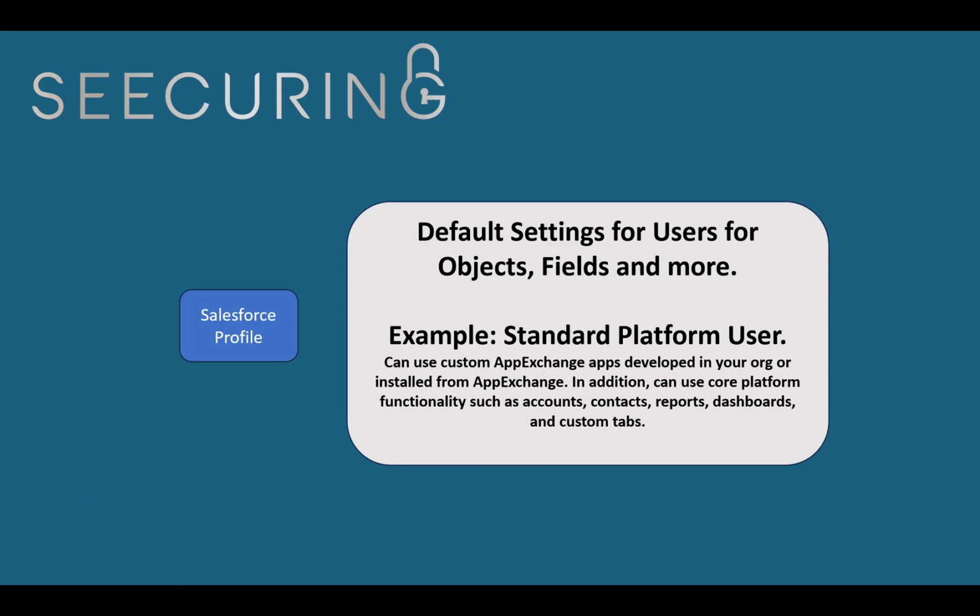So, straight out the door, when we're provisioning into Salesforce, we have this idea of a profile. A profile is a set of default settings for users to get them going. As an example, you have a standard platform user. That's just, as it says, core platform functionality: accounts, contacts, reports, dashboards, any custom tabs that you've created.